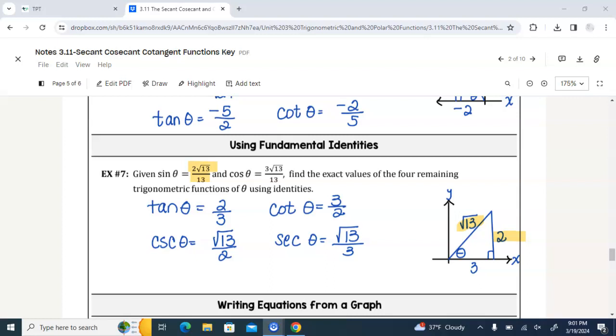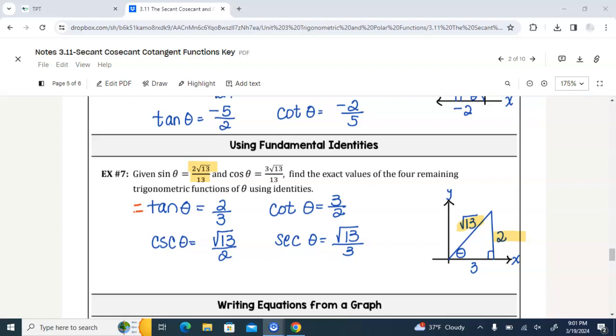I'll show you how I would have done this one without even drawing a triangle. Tangent is equal to sine over cosine.